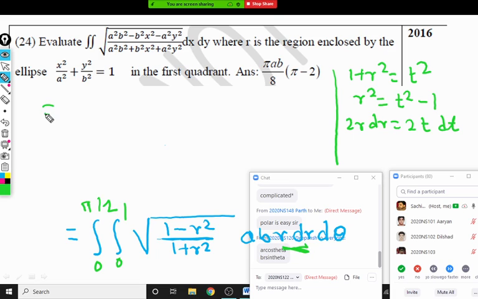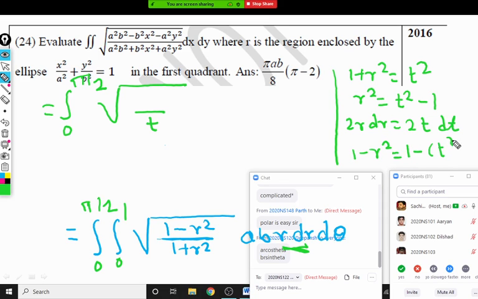So the integral becomes 0 to pi by 2 as it is, square root of, now the denominator is t because we replaced 1 plus r square with t. What is 1 minus r square? 1 minus r square is 1 minus t square minus 1. So this becomes 2 minus t square.